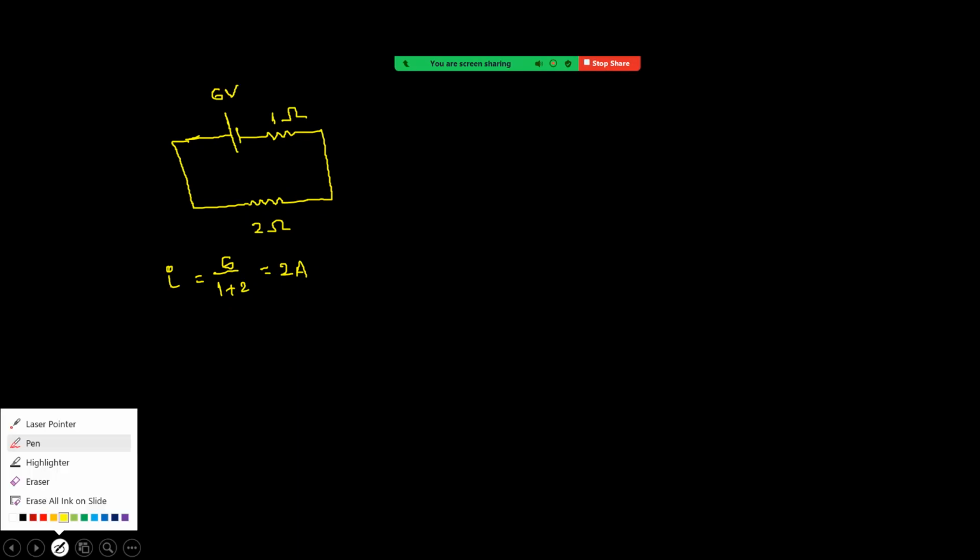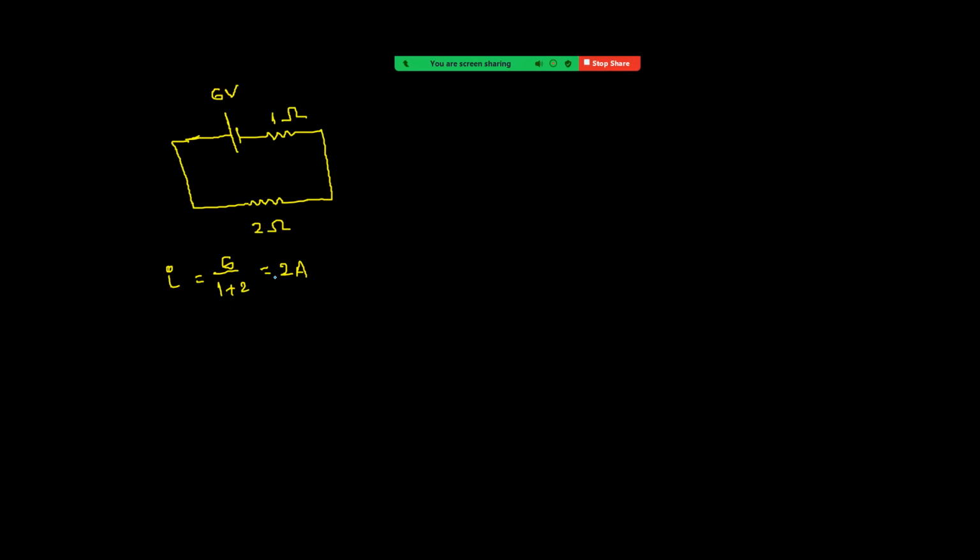So current in the circuit is 2 ampere. Now we want to measure this by using a device, that is ammeter. So we can place that in the circuit in series. Suppose I'm placing here, this is ammeter connecting in the circuit. So we can connect this in series anywhere in the circuit, because throughout the circuit current is the same. You can see here, it is everywhere 2 amperes only. Therefore, we can connect this in series with the circuit anywhere.